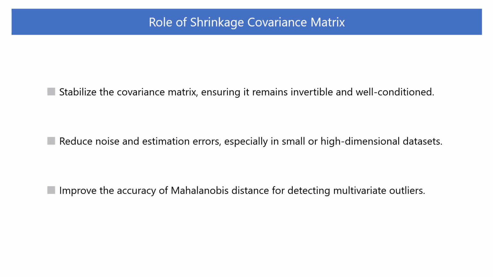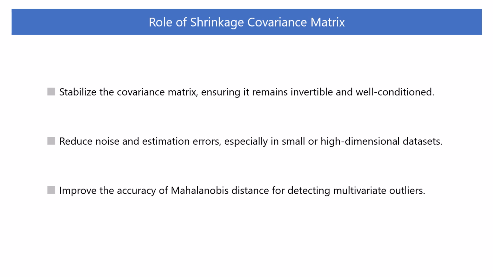Because of these challenges, a robust estimation of the covariance matrix is necessary. By using a shrinkage covariance matrix, we can address the following problems. First, it can stabilize the covariance matrix, ensuring it remains invertible and well-conditioned.